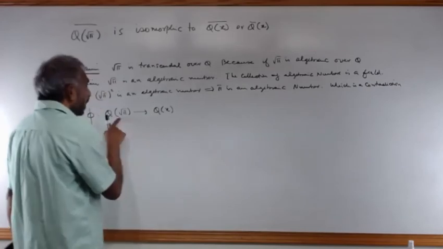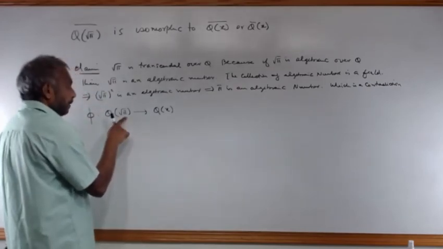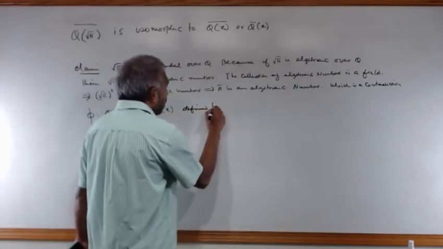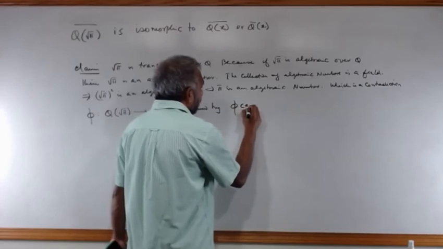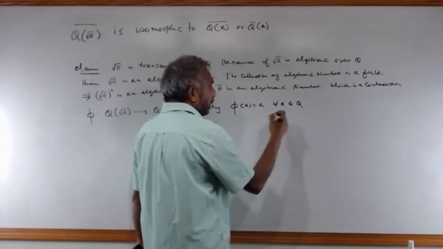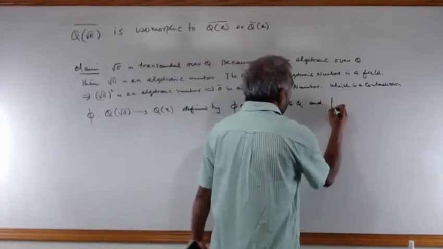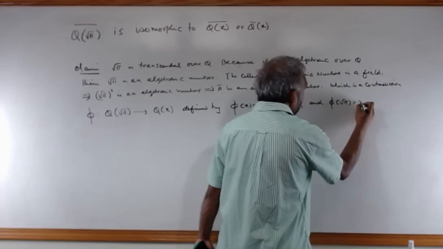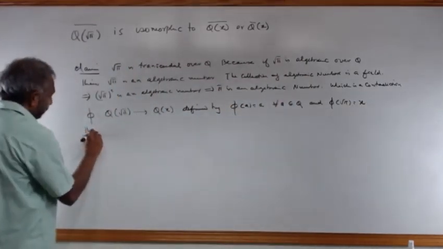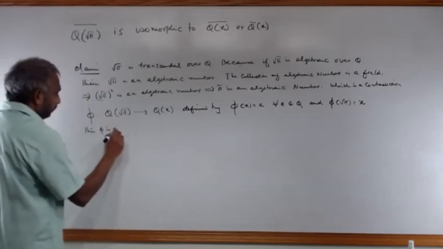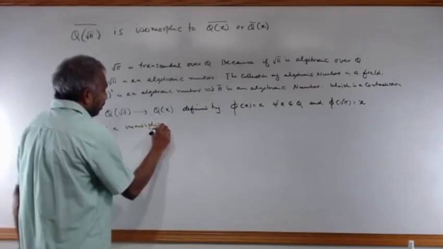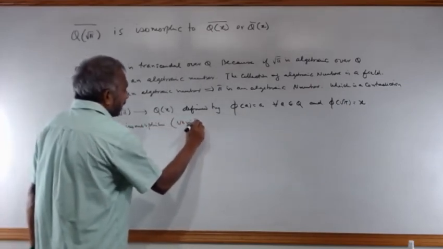So the generators are 1 and root pi. 1 means it's an element of Q. So define phi of a is equal to a for all a in Q, and phi of root pi is equal to x. Then phi is an isomorphism. Verify, that's an exercise.